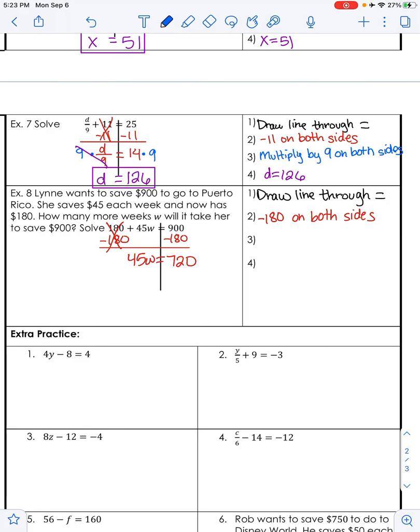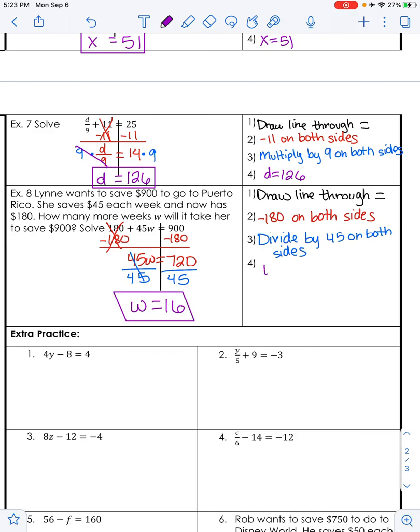From here, we need to get that W by itself, so we're going to divide by the coefficient of 45. So when I divide both sides by 45, I get W equals 720 divided by 45, which is 16.